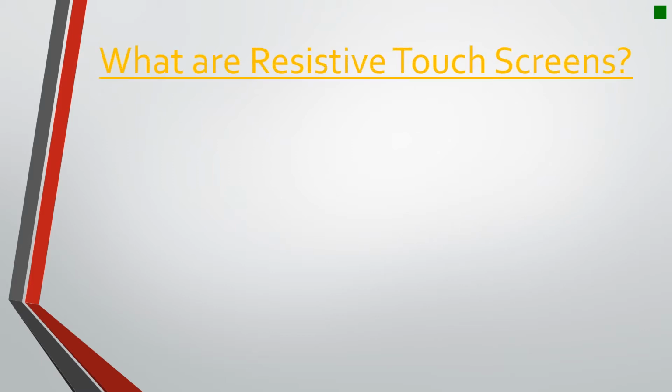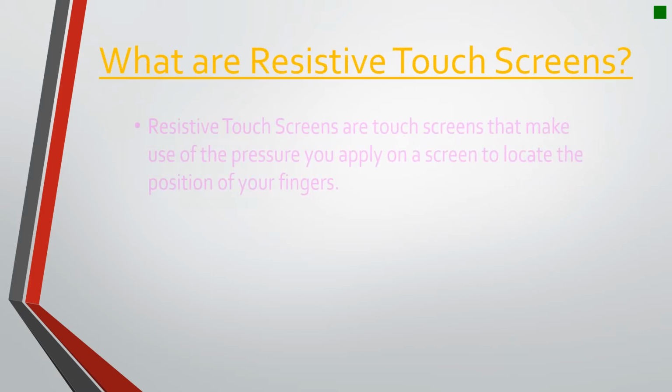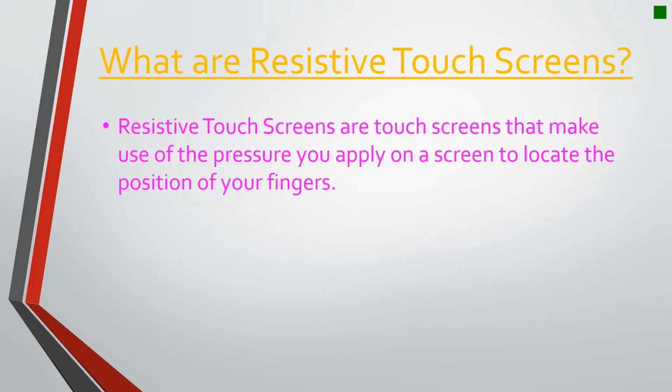Before we go anywhere, we need to first understand exactly what resistive touchscreens are. Resistive touchscreens are touchscreens that make use of the pressure that is applied on a screen. This pressure may be applied by any device. It could be your finger, it could be a glove, it could even be a stylus.